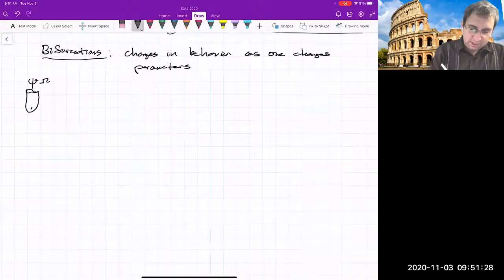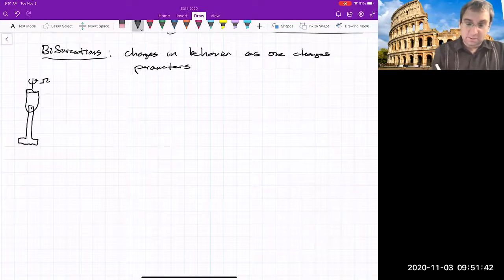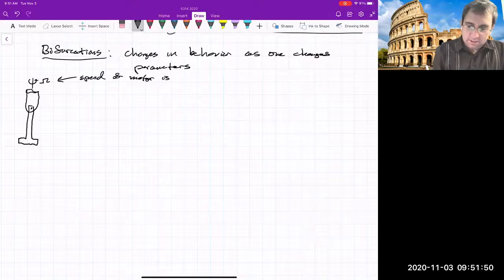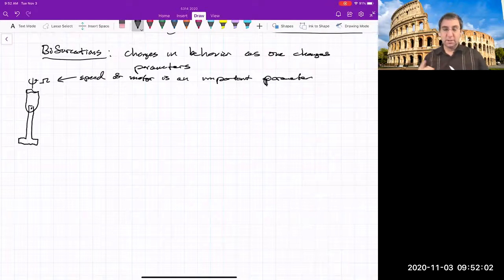Let's start it out facing down. So here, what is the main parameter? The main parameter is the speed of the motor. The speed of the motor is an important parameter, because as we change that parameter, the behavior will change.